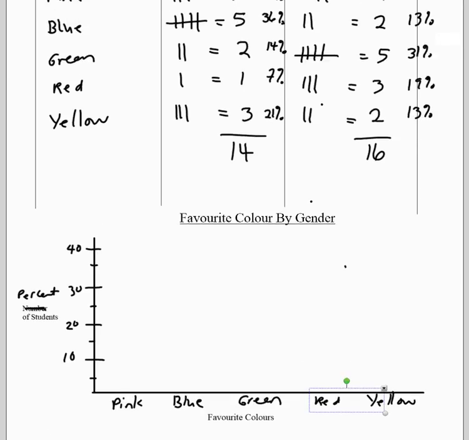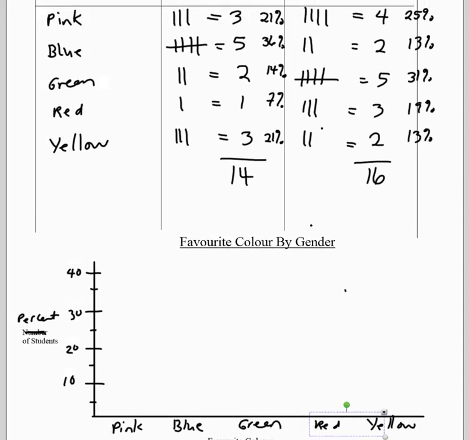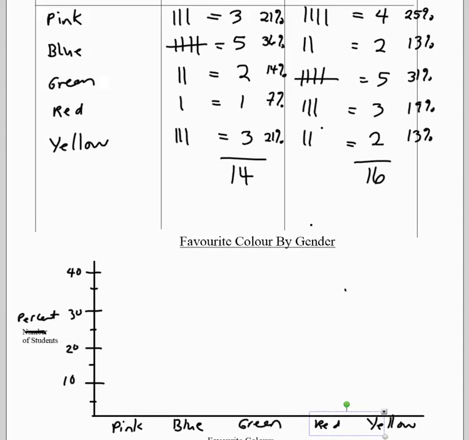If it's something that you're going to be doing and handing in, you should. So girls, I'm going to use the color purple for girls, and so I'm going to have 21%. So that's going to be about there. And you would have a ruler and you would have graph paper. And then boys, I'm going to use the color red to represent boys, and they're 25%, so that's right there.